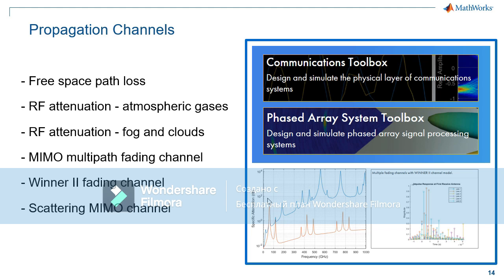We have a Rayleigh and Rician fading channel models, and scattering MIMO channels, which allow you to specify exactly, if you know the location of the transmitter, the location of the receiver, and the location of scatterers. You can do it all in MATLAB and find out what is the actual received signal power arriving at the receiver as a result of the propagation channel model.